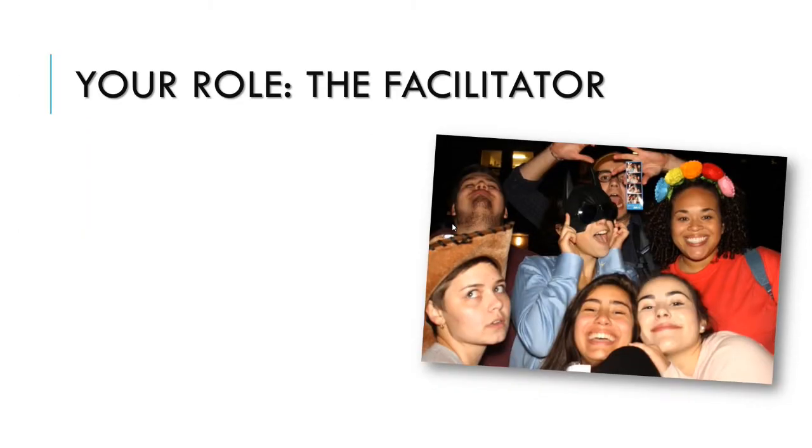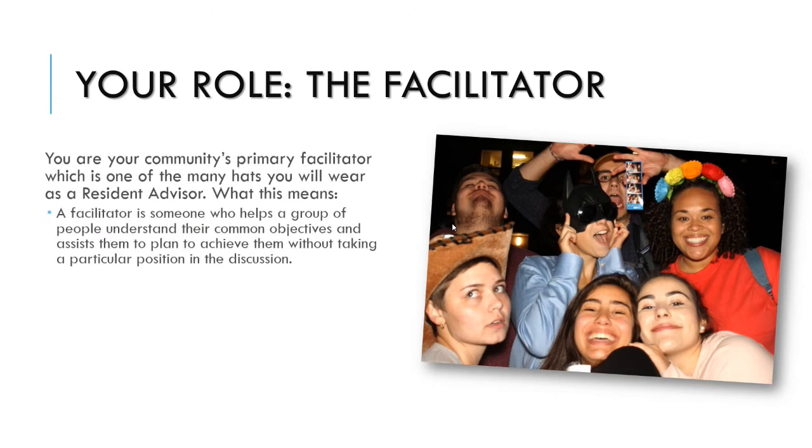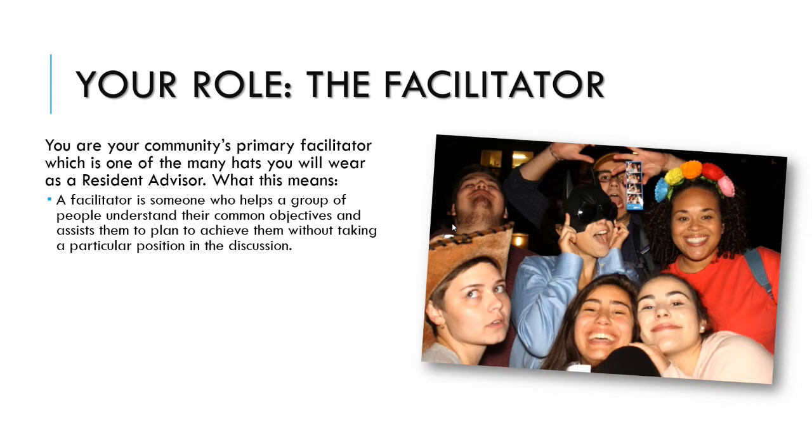So your role is a facilitator, right? You're going to wear many hats, like the individuals in this photo, the good old CMCRAs from last year. You are your community's primary facilitator, which is one of the many hats you're going to wear as an RA. A facilitator is someone who helps a group of people understand what the common objective is.